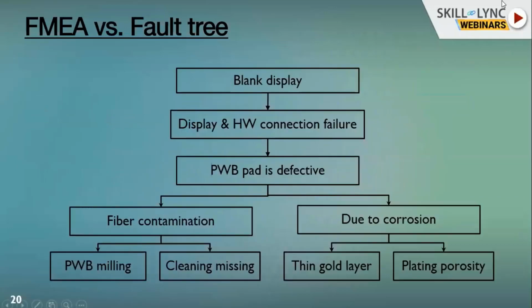So this is the same thing like blank display and hardware connection failures, PWB pad is defective, why is it defective. So you keep on, at least people try to go 5 levels down. And that's what is summarized in the FMEA. So it depends on what the purpose and objective is. Should you use the fault tree or FMEA? That's what will decide.